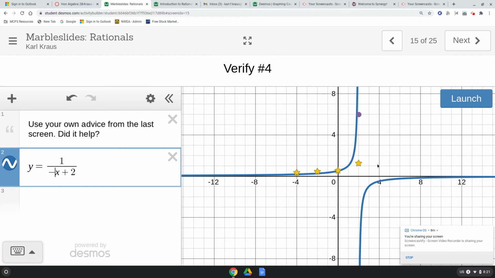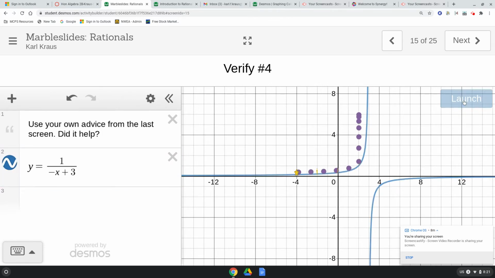I have to shift this over a little bit. So if I make this a +3, see what happens. There. I have to shift the vertical asymptote. It was at 2. Then if I make it 3, that works.